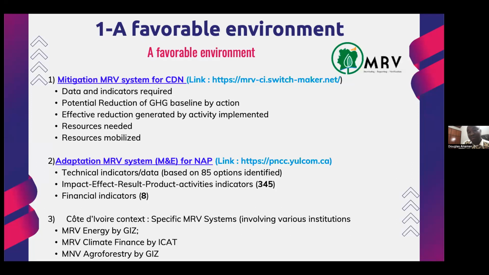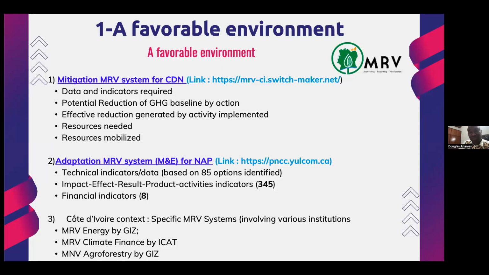When we opened the second phase of our process, we managed to implement some great indicators for the mitigation. Those indicators have been implemented with a mitigation MRV system for NDC. You can click on this link and you will have access to the MRV platform for the mitigation.